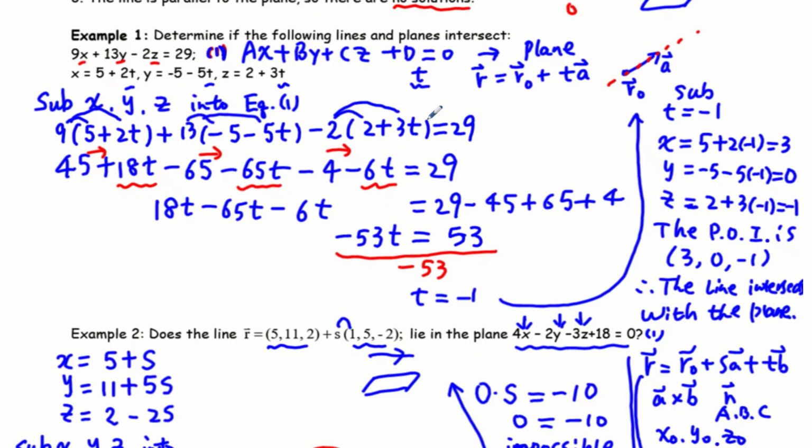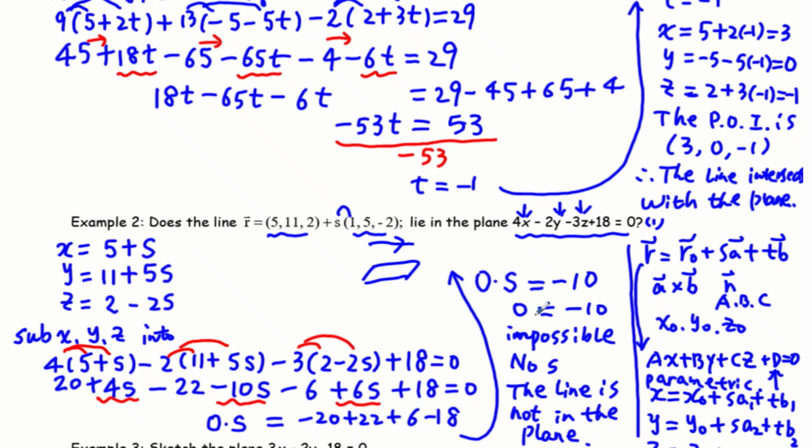Once we sub in, we switch this equation to a linear equation with only one variable, and we are able to solve it. If the variable has a solution, it means it has a point of intersection. And if it doesn't have a solution, it means the line is parallel with the plane.